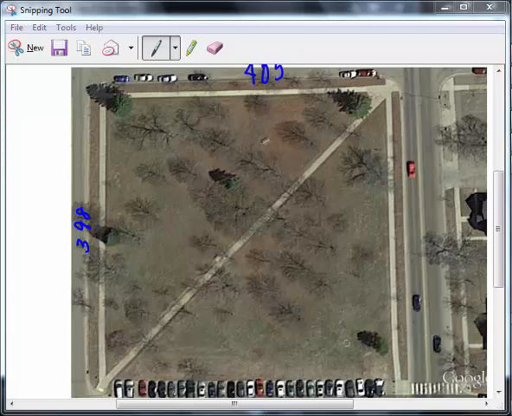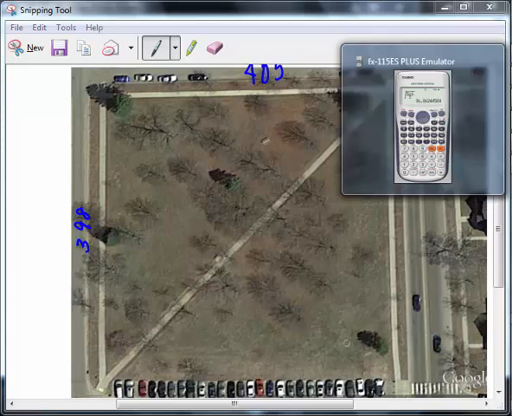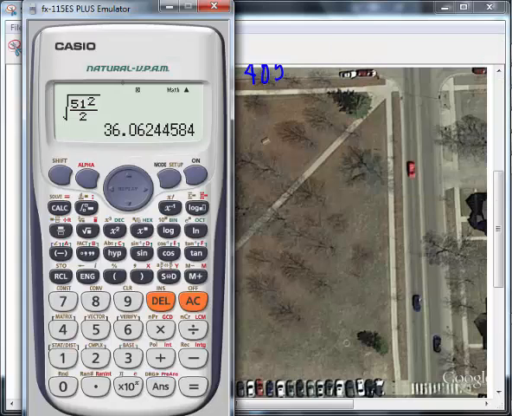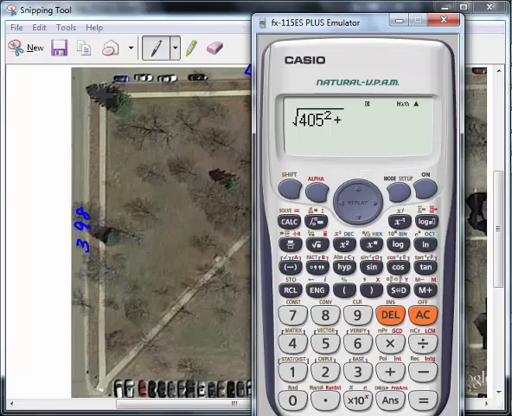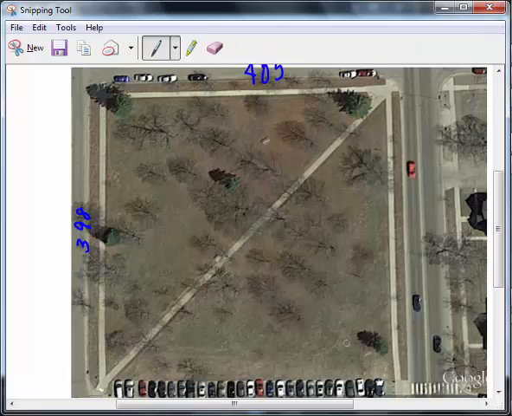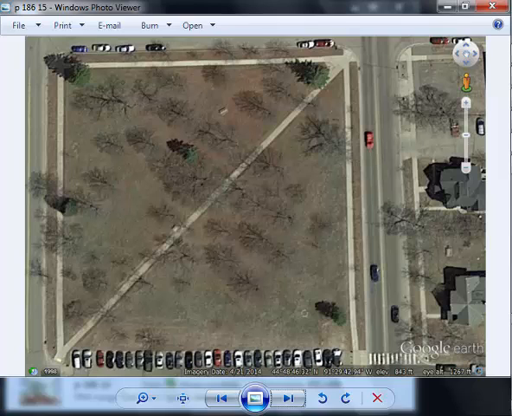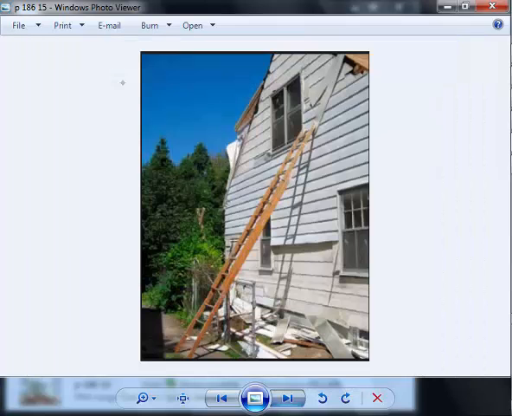So we want to find the length of that sidewalk, and we would take the square root of 405 squared plus 398 squared. And we get about 568. You've got to round to 3 sig figs to get the right number of sig figs both directions.